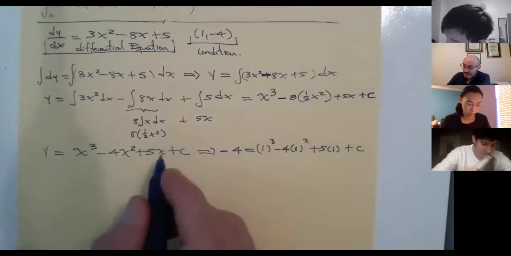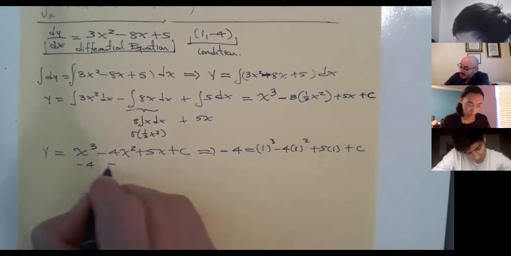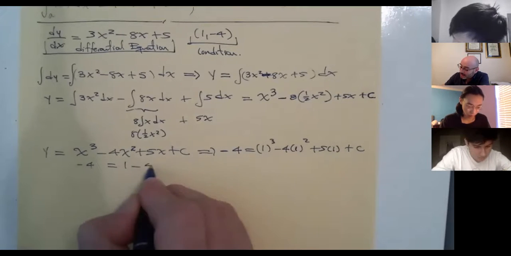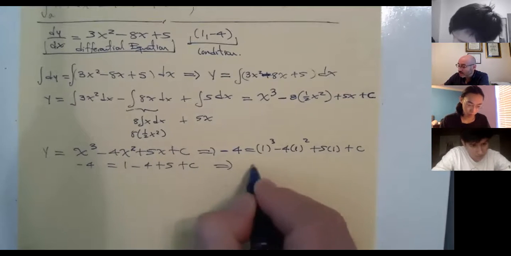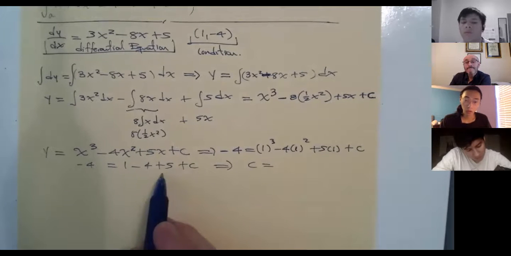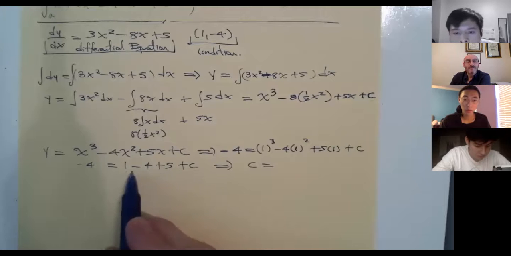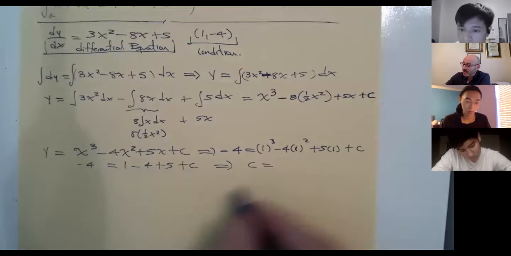So from there, we're going to have what? Negative 4 is equal to 1 minus 4 plus 5 plus c. So how much is c then? Five plus 1 is 6, minus 4... c will be negative 6.